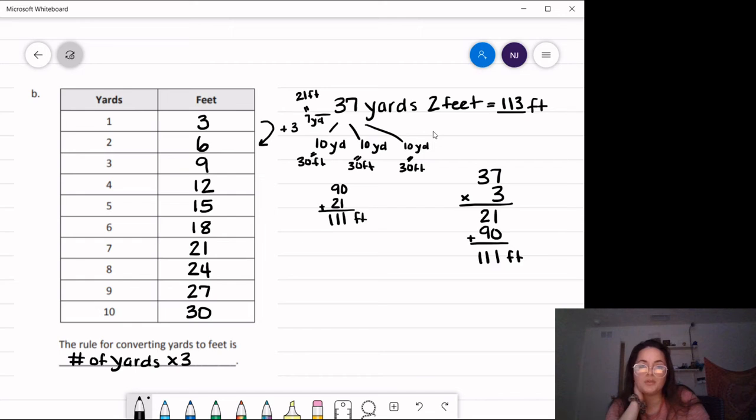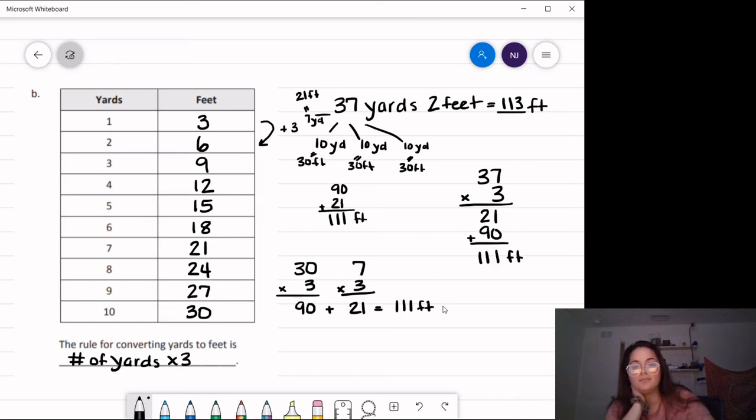We could also have broken it apart into 30 and 7 and done 30 times 3, which is 90, 7 times 3, which is 21. Add those together, you get your 111 feet. That is similar to what we did here, but just broken up into different multiplication equations. So a lot of different ways that we could have solved this.